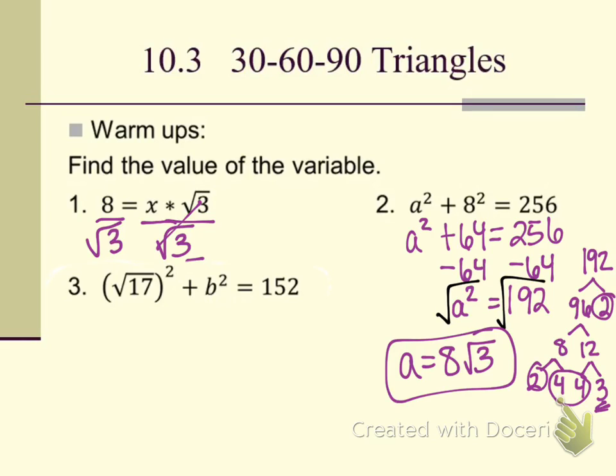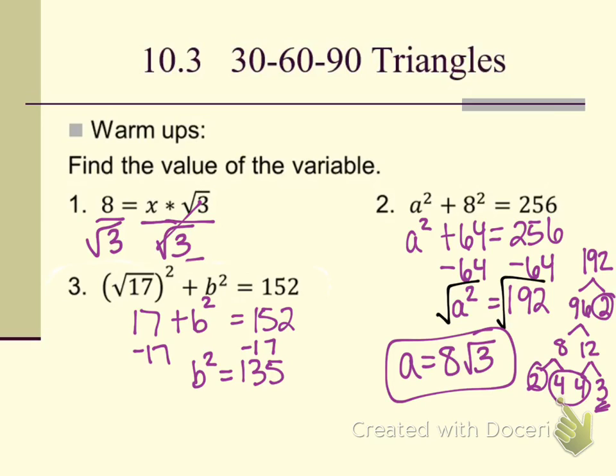So square root of 17 squared is just 17. Next step to solve. Subtract 17. B squared equals. Okay. Next step.